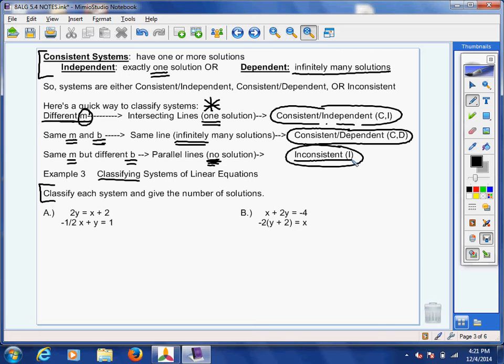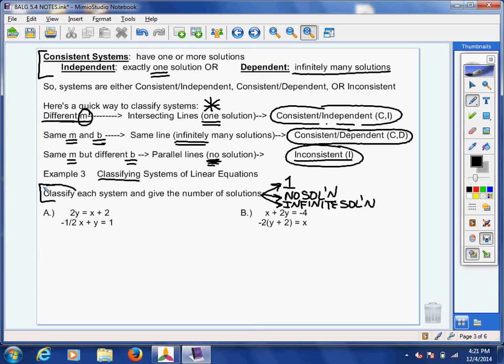So the number of solutions, these are your 3 choices. There's either one point of intersection, whatever the name of that point is, there's no solution at all, or there are infinite solutions, okay? So when they are asking you, how many solutions are there? Those are your 3 choices, okay?